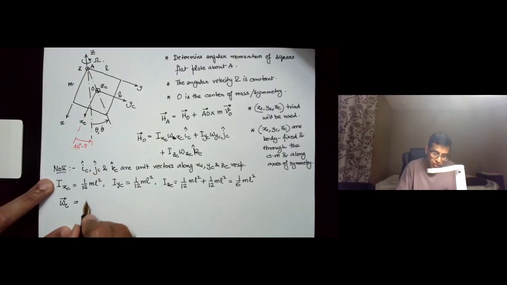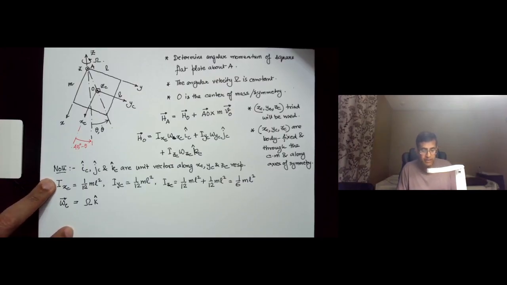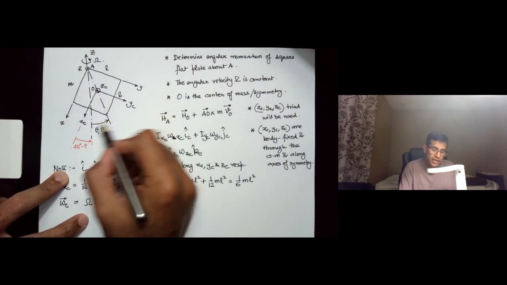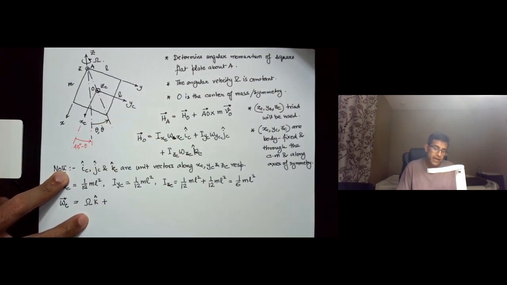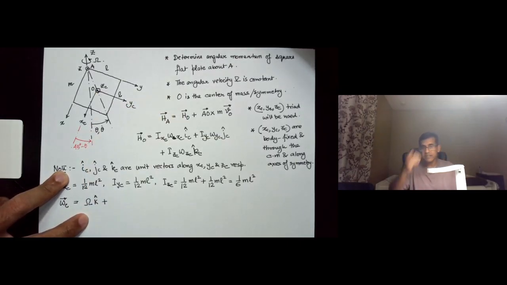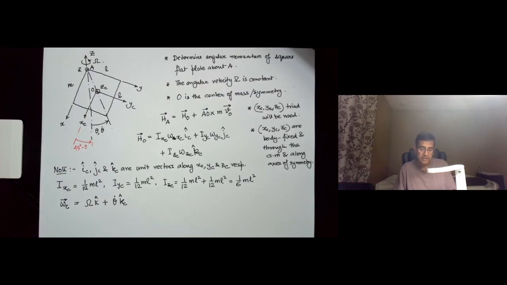This is not the direction of interest, so we are going to resolve this angular velocity. Secondly, we have an angular velocity due to the angle theta, and we can see that that angular velocity will always be in the direction of zc. So it is going to be theta dot times the unit vector in zc, which is kc.